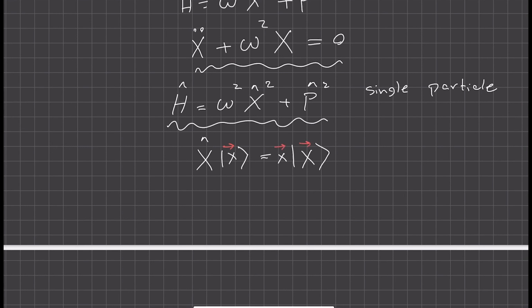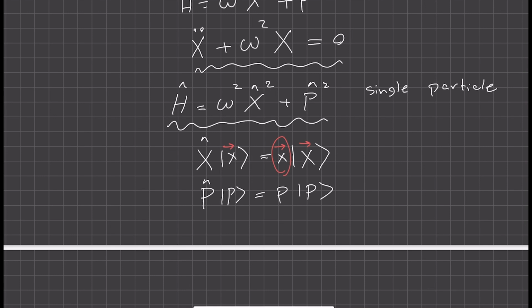It doesn't really matter whether I'm talking about one-dimensional or three-dimensional vectors. What really matters is that when the x operator acts on those certain states, the outcome is the eigenvalue. And similarly, the p operator acts on the state p, and the state p comes out as the outcome.